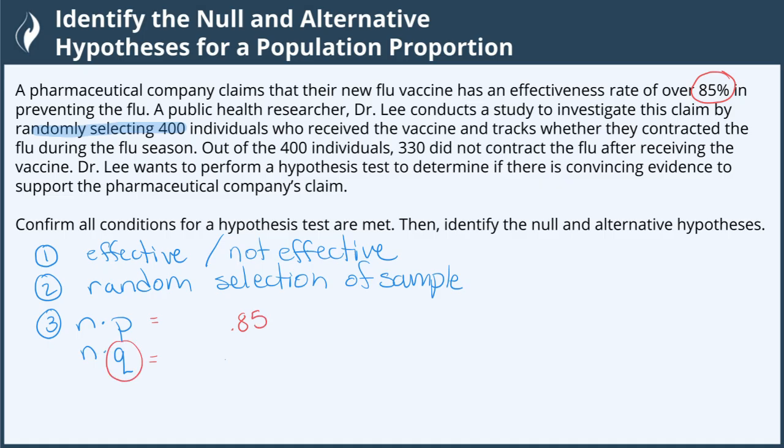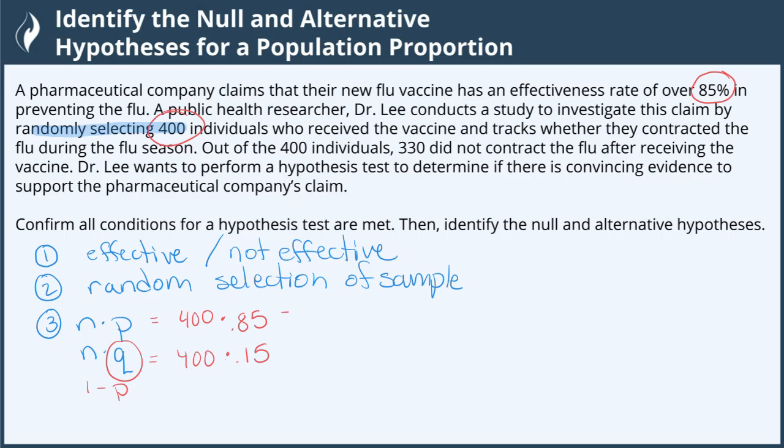To find Q, this is just 1 minus P, or the 100% minus the 85, which gives us 0.15 or 15%. And we need to multiply this by the number in the trial, and we were told that they had a random selection of 400 individuals. So the trial size is 400.